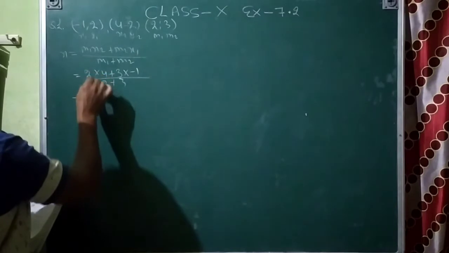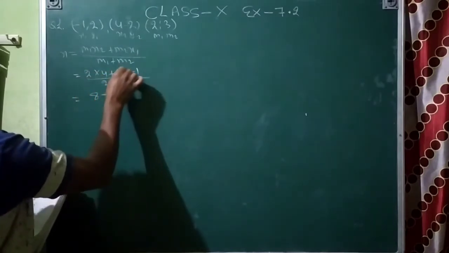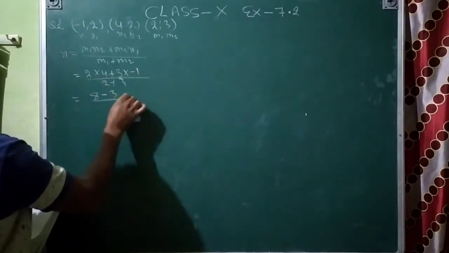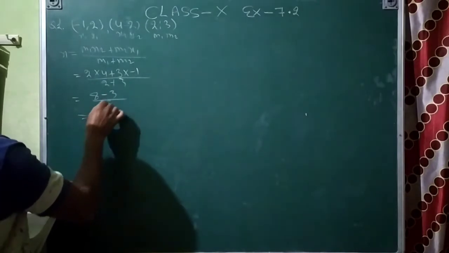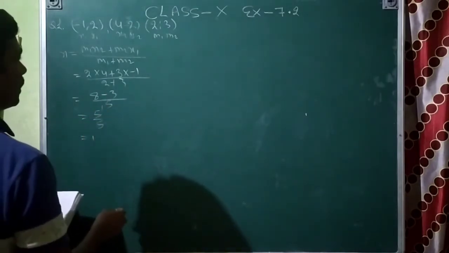So 2 fours are 8 minus 3, that is 5 upon 5. Cancel, that is 1.